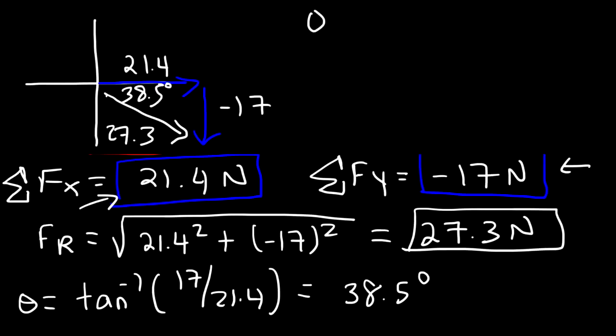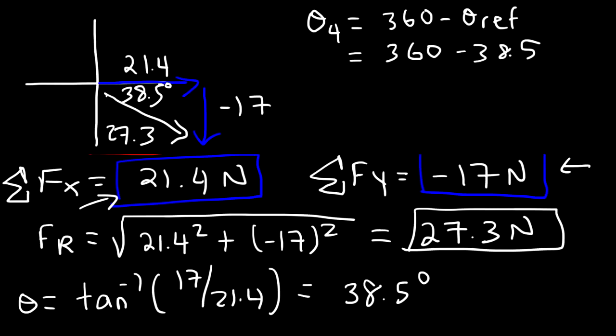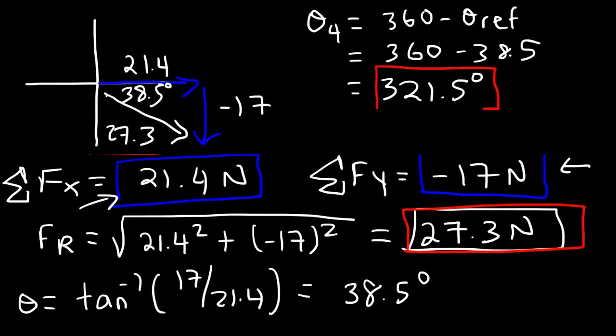If you recall, if you want to find the angle in quadrant 4, it's 360 minus the reference angle. So in this case, it's going to be 360 minus 38.5, and that's going to be 321.5 degrees. So this is the magnitude of the resultant force vector, and this is the angle relative to the positive x-axis.